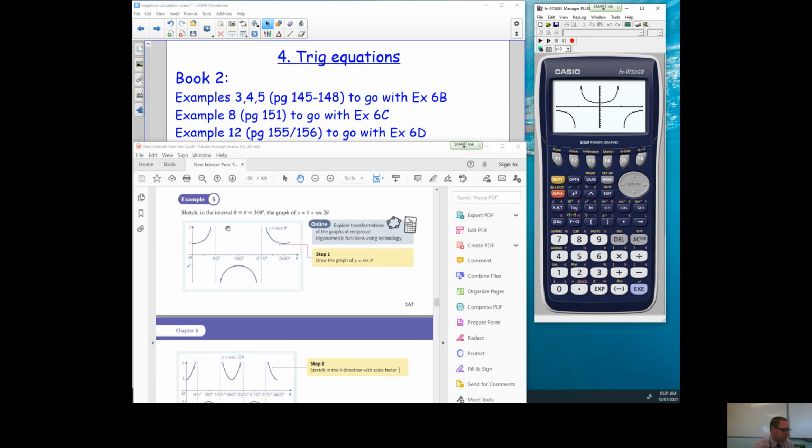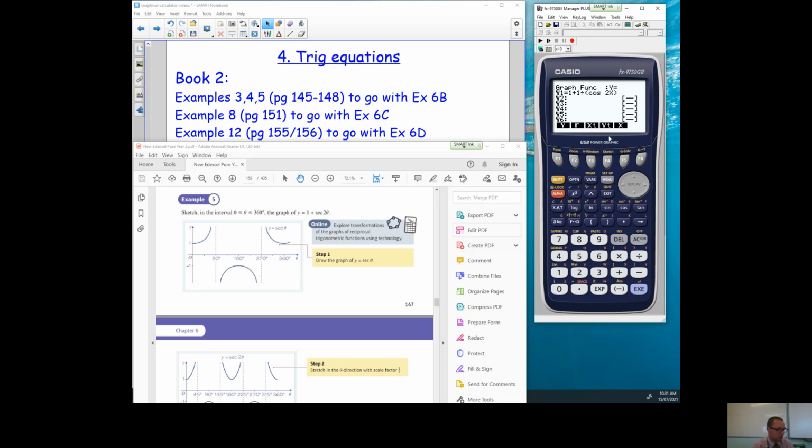So example 5, the last one, and again, we can see what this looks like here. The calculator is just going to confirm what we want. This one's in degrees, but it wants it between 0 and 360, so I'll have to consider that as well. So 1 plus sec 2 theta. 1 plus sec, which is 1 over cos, so 1 divided by bracket cos 2x.